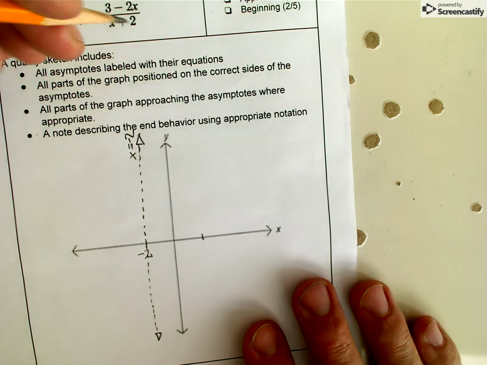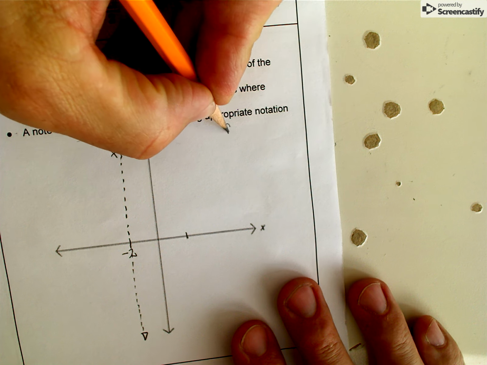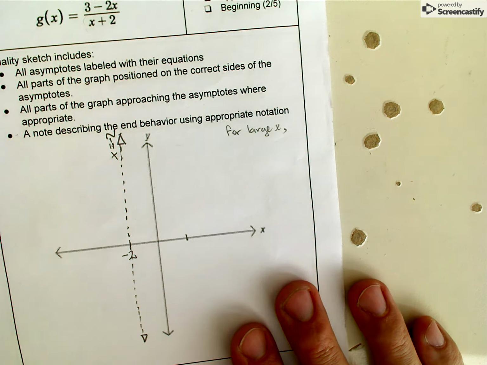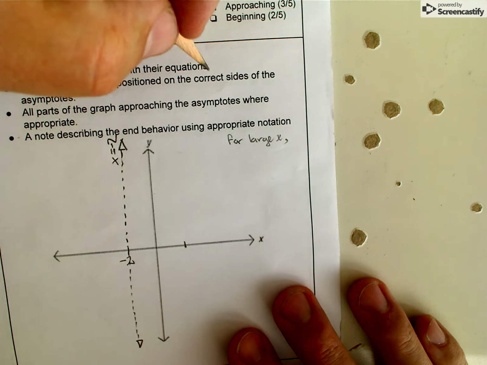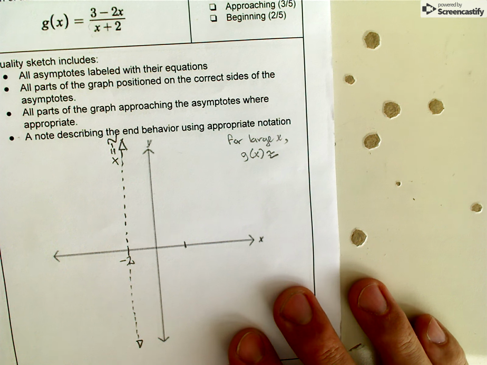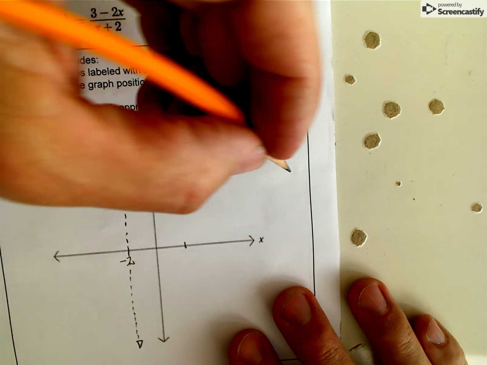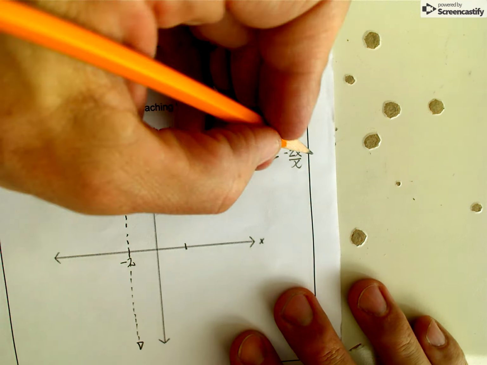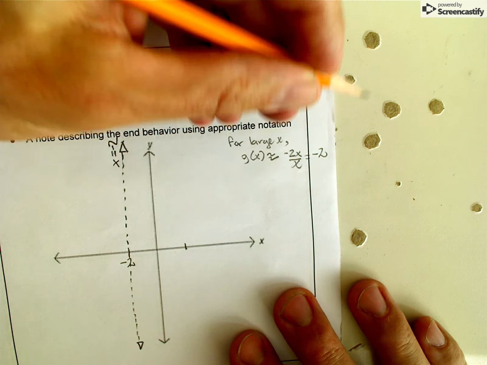So the way I describe this, I might just do it over here. For large x, g of x is approximately equal to -2x divided by x. And that equals -2.